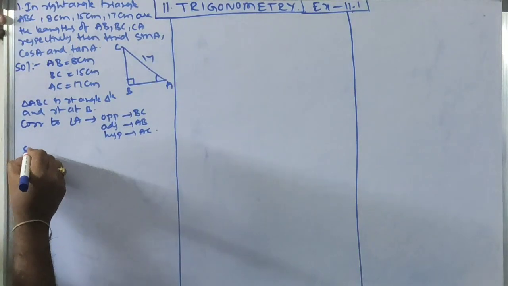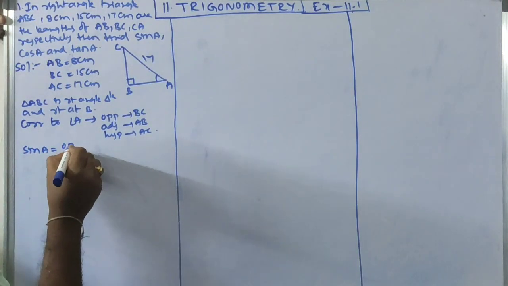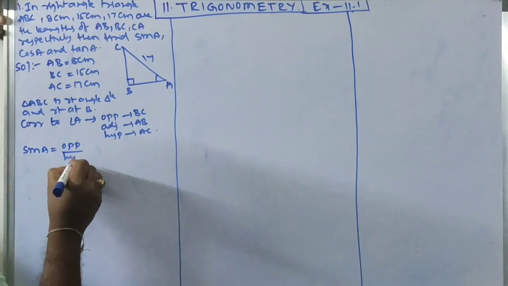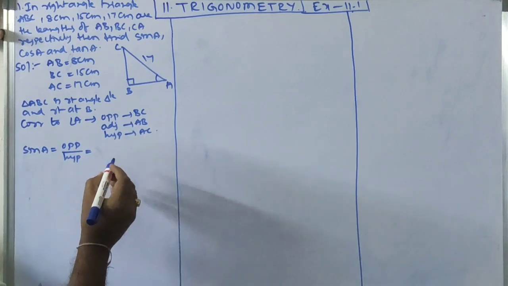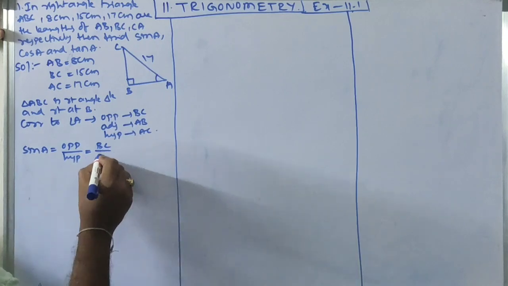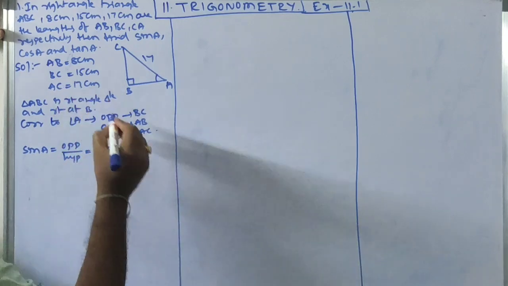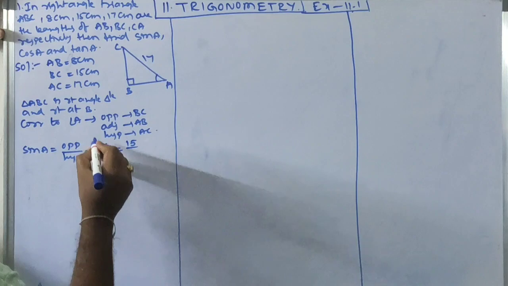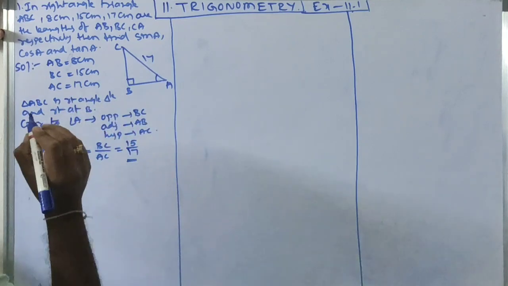Sin A equal to opposite by hypotenuse. What is opposite? Opposite is BC. Hypotenuse is AC. BC equal to 15, AC equal to 17. This is the answer.